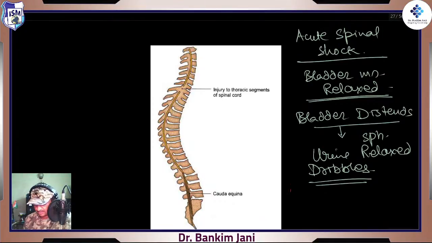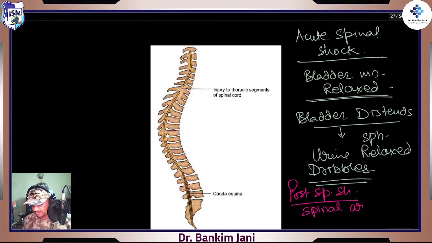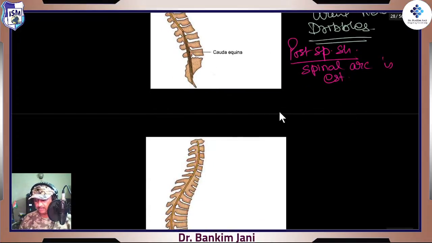This is, say, post spinal shock, that is, when the spinal arc is established. So that is where the spinal reflexes would start. This spinal reflex will lead to a hypertonic bladder. Now the bladder has become hypertonic.